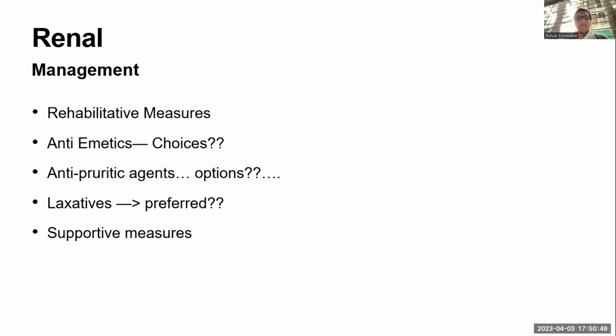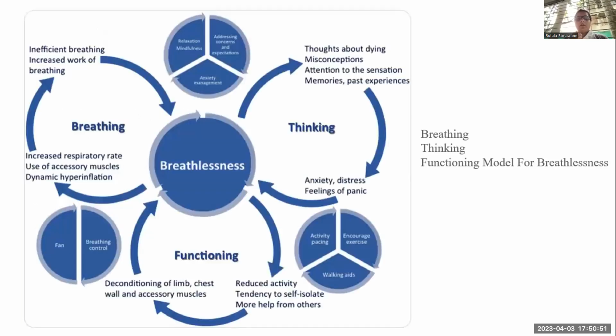Next slide, please. I just wanted to focus on breathlessness because it would come in almost all the diseases that we look at. And I'm sure you must know this, this is the breathing, thinking, functioning model of breathlessness.